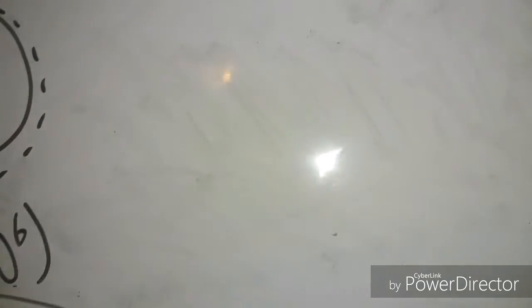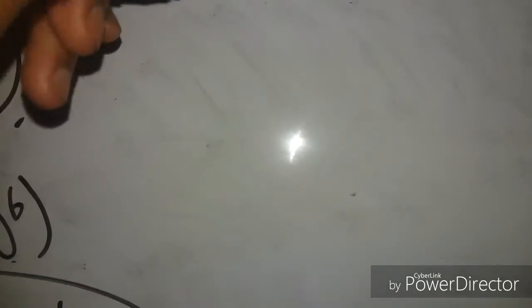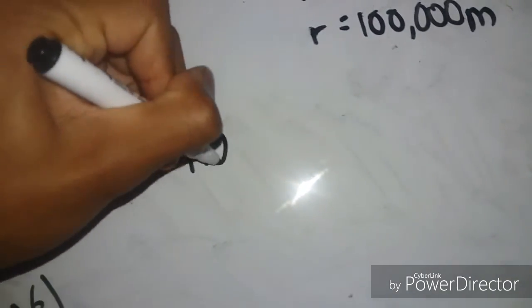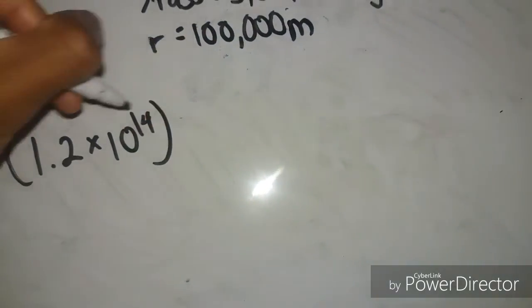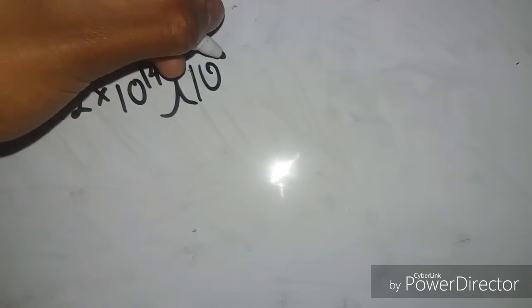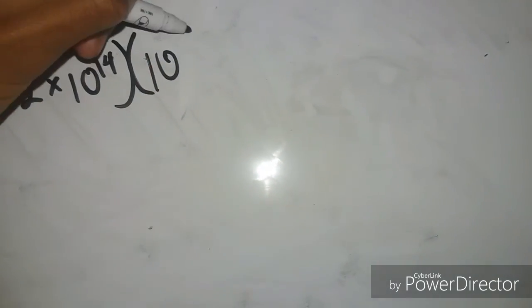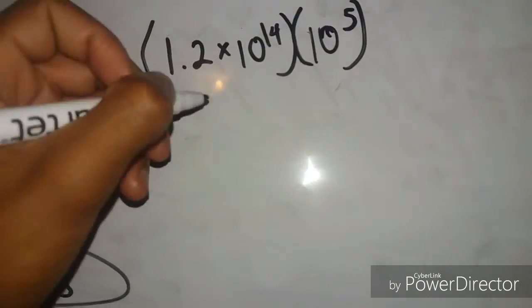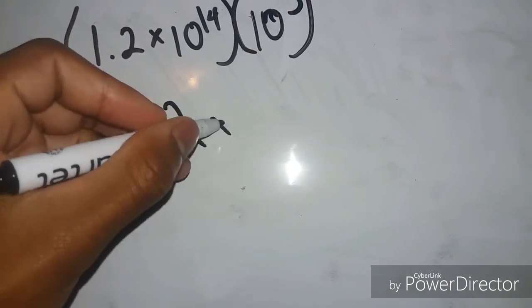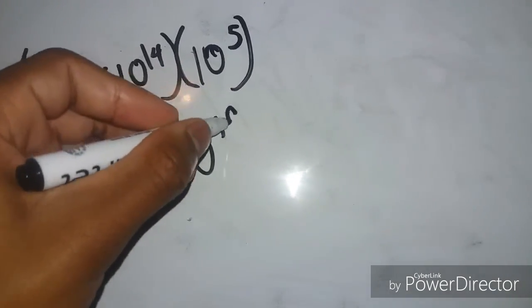So let's find angular momentum. So basically we're going to take the linear momentum and multiply it by the radius. So we have 1.2 times 10 to the 14th times 10 to the 5th. All right, and it's going to be 1.2 times 10 to the 19th.